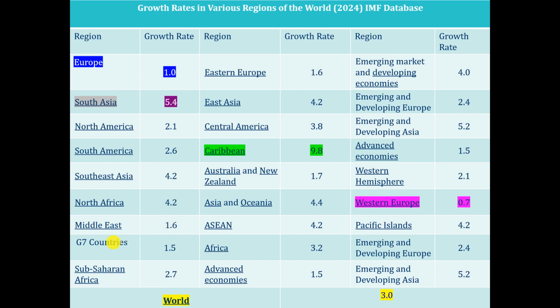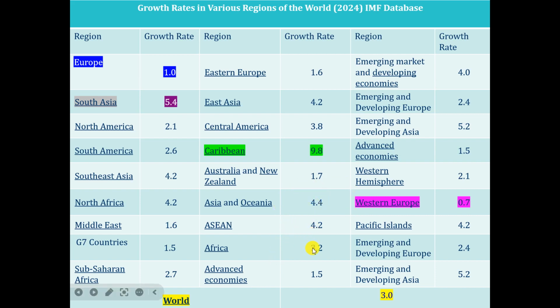And I'll show what we mean by G7 countries. For Sub-Saharan Africa, this is 2.7, for Eastern Europe 1.6, for East Asia 4.2, for Central America the growth rate is 3.8. Australia and New Zealand, this is 1.7. Asia and Oceania, this is 4.4. For ASEAN, that is Association of Southeast Asian Nations, the growth rate is 4.2.